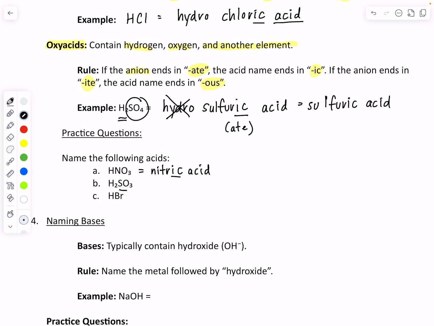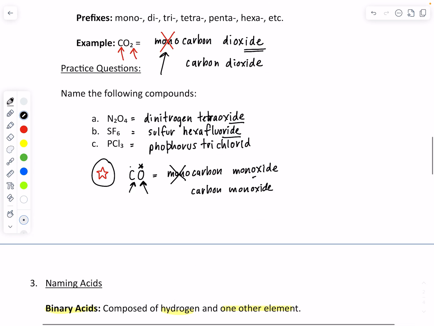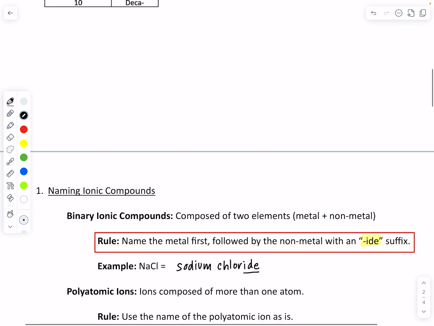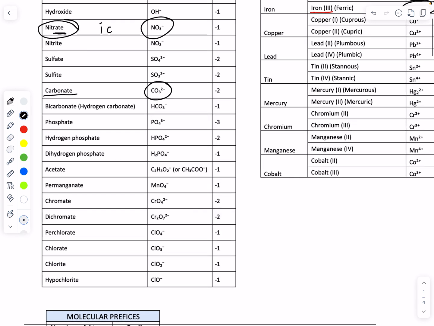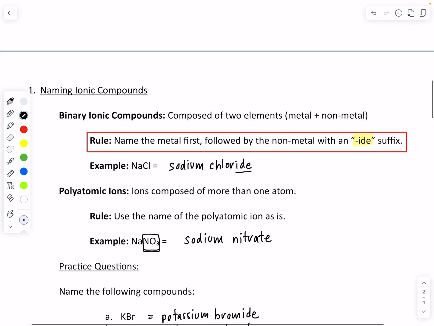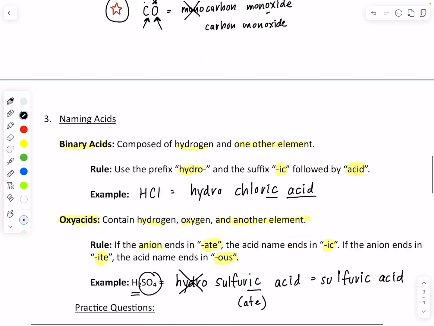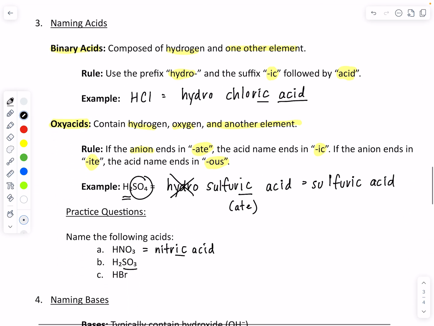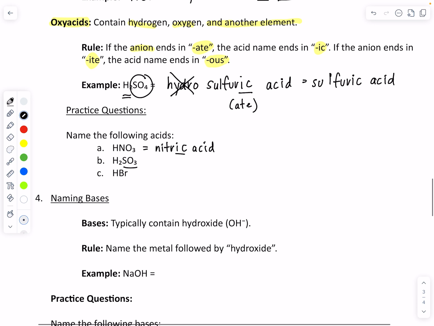How about H2SO3? Let's find SO3 on our reference table. SO3 ends in ite. So if it ends in ite, then instead of the ic ending, we're going to give it the ous ending.